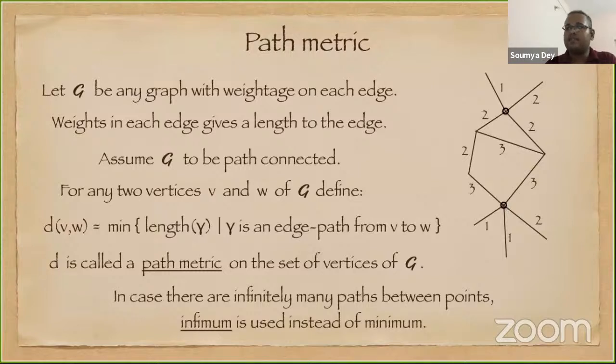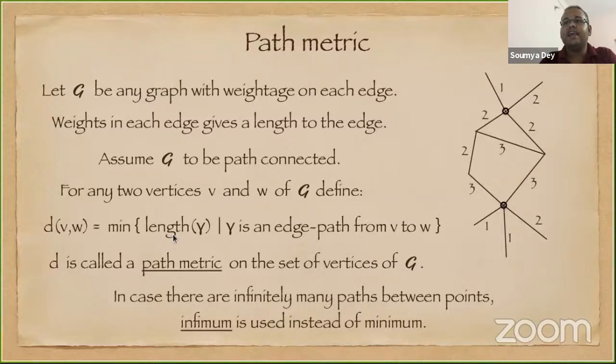But there are more paths I can take. I can start from here, then go here, say 2, and then this 3, and then this 3. This is another path joining the same two vertices. There are more. You can go from here to this via this 2, and then via this 3. There are many other redundant paths you can consider, right?